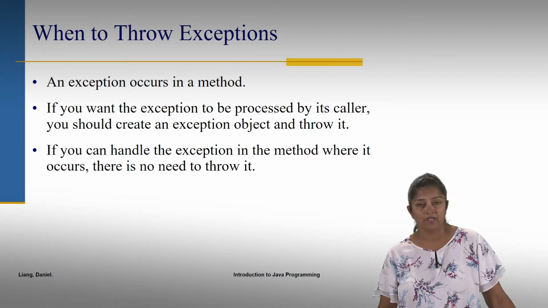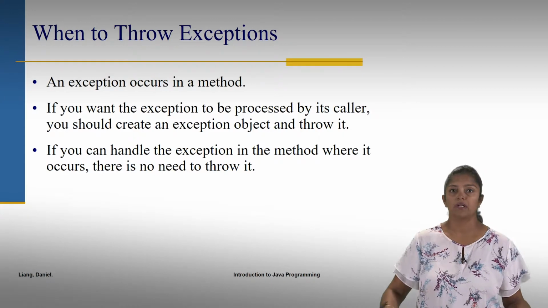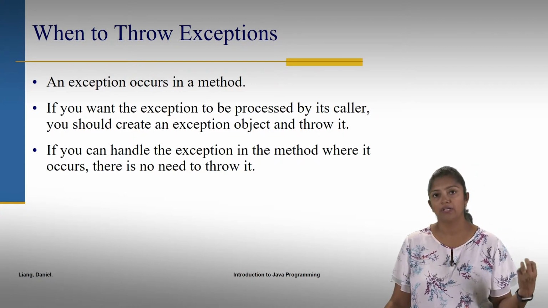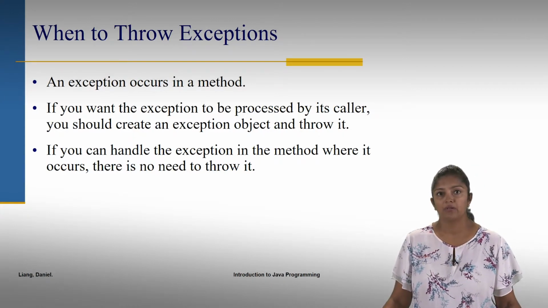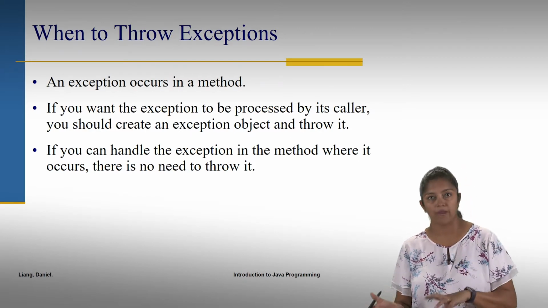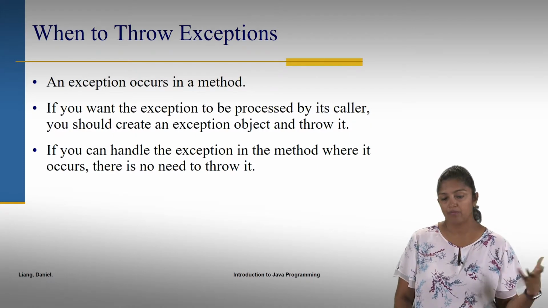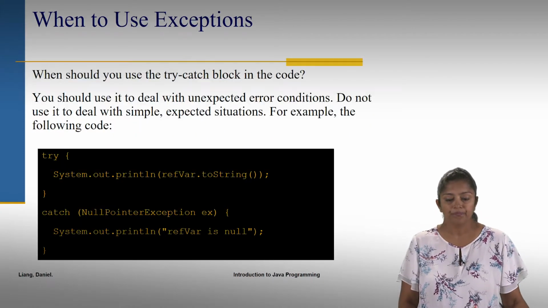If you don't have that sufficient information at that point in that method, then you pass it to the caller and allow the caller of the method to handle it. So that's how we decide when to throw exceptions versus when to handle exceptions.